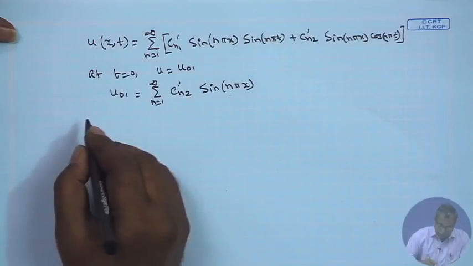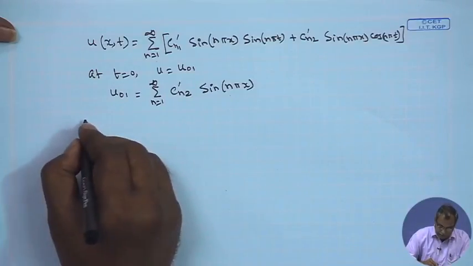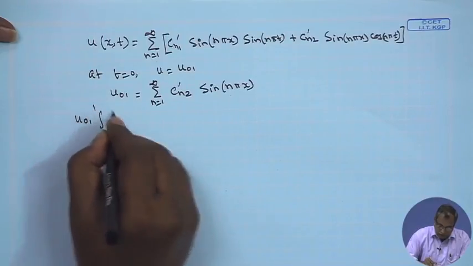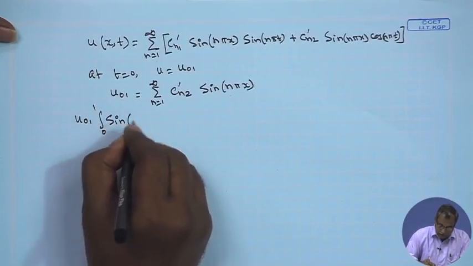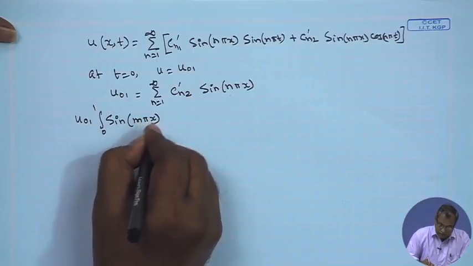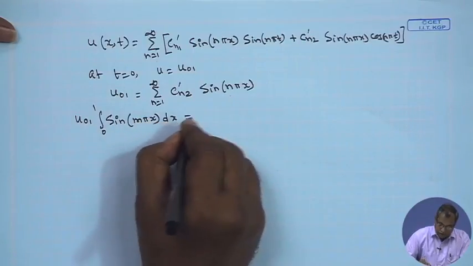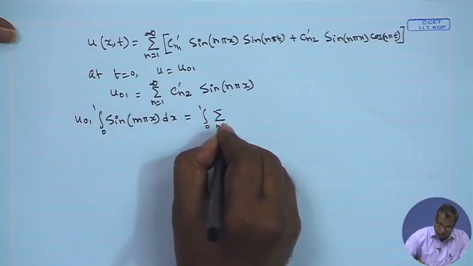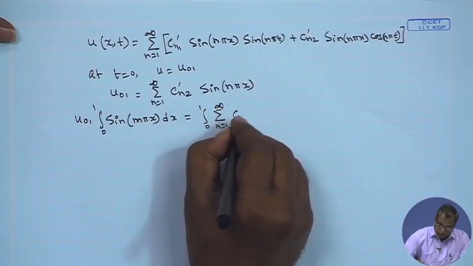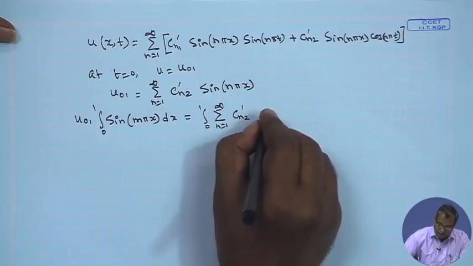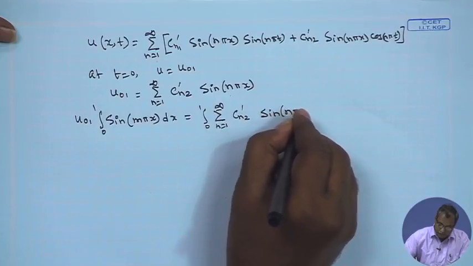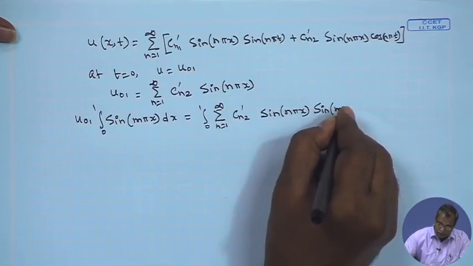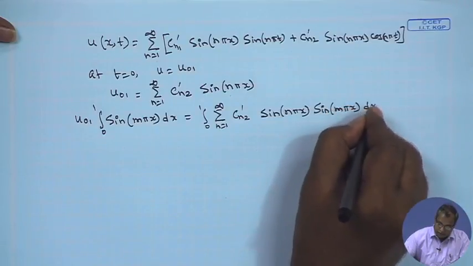I will multiply both sides by sin m pi x dx, and u 0 1 is a constant, so it will come out. So, integral 0 to 1 of sin m pi x dx is equal to integral 0 to 1 of the summation from n is equal to 1 to infinity of C n 2 prime sin n pi x sin m pi x dx.